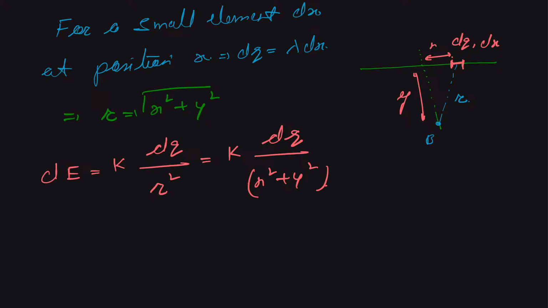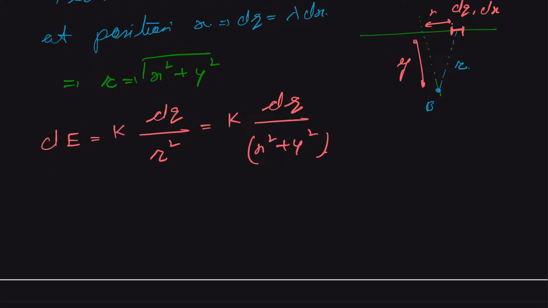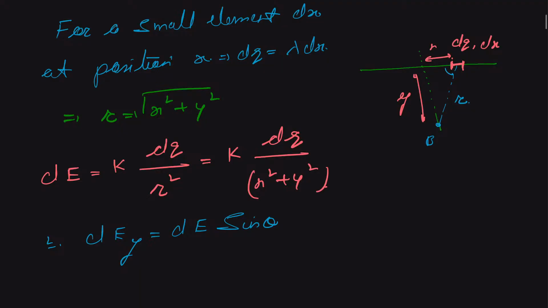And like we said, only the vertical component is going to survive, therefore its vertical component will be equal to dE sine theta, if theta is the angle.